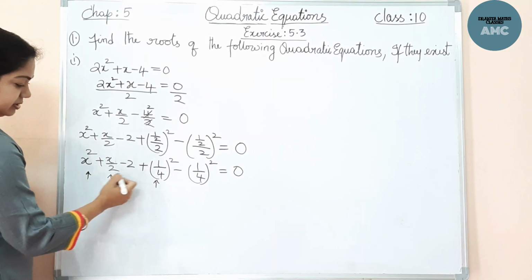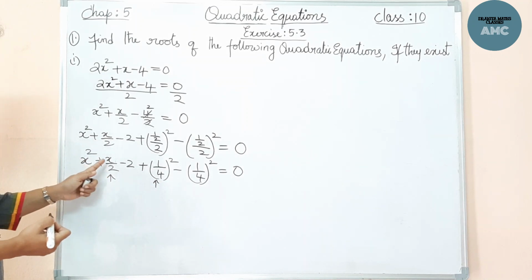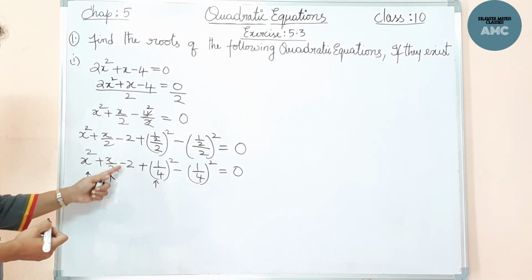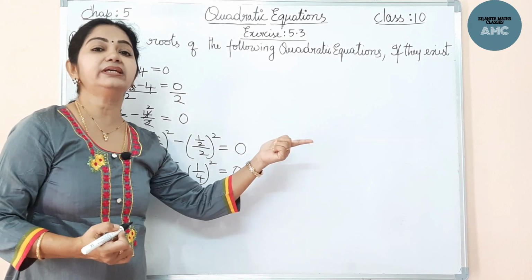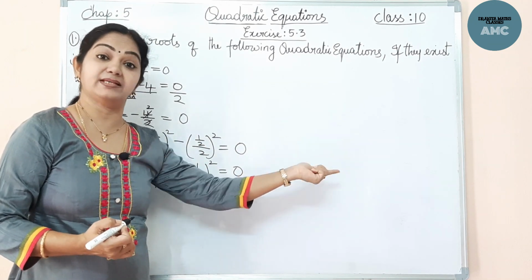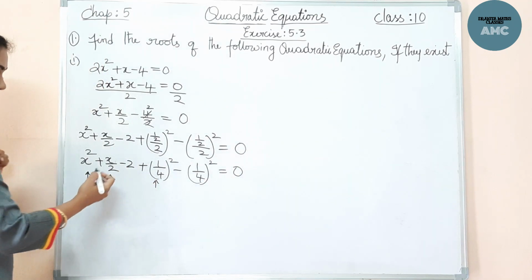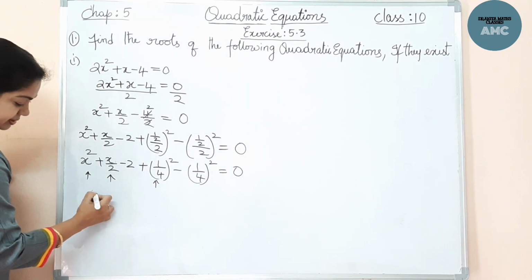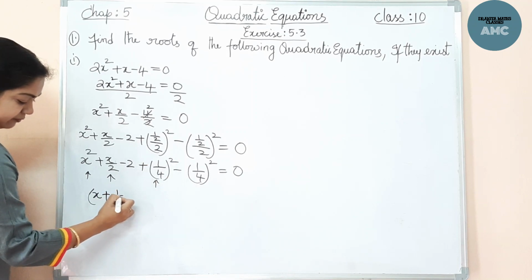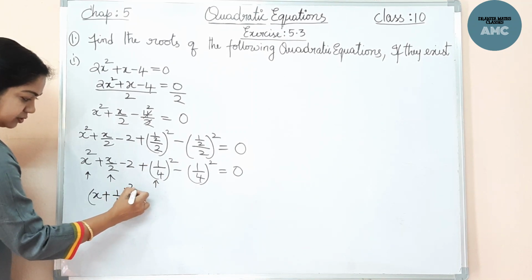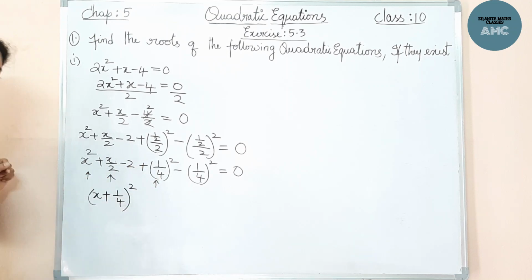Now, if you see these three, what I told, you have to see the x. Here, the coefficient of x is positive. So, positive means one of the formulas is applicable, that is a plus b whole square. If it is positive, a plus b whole square. So, here a is x and b is 1 by 4 whole square. These three are simply deduced like this.